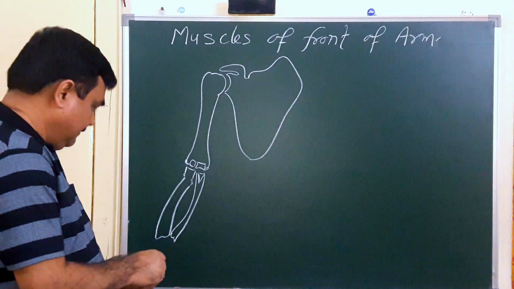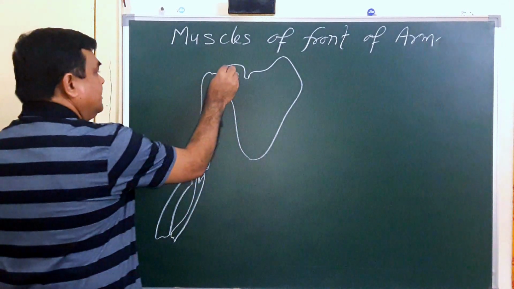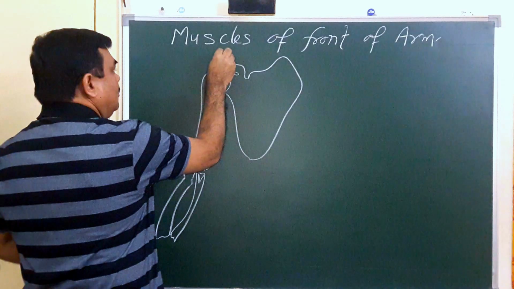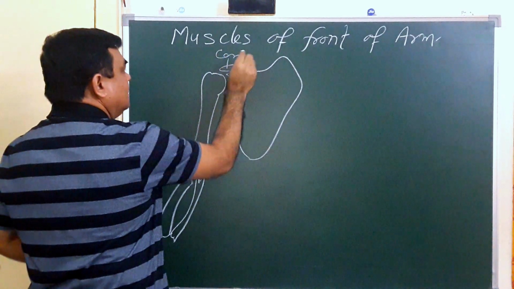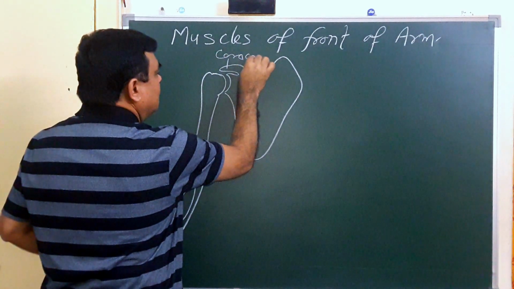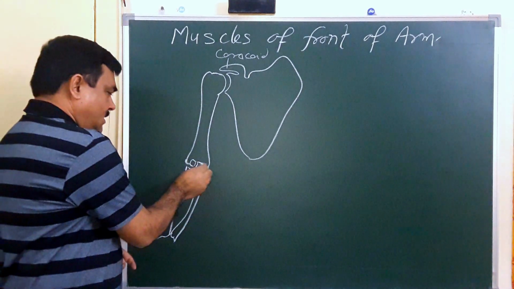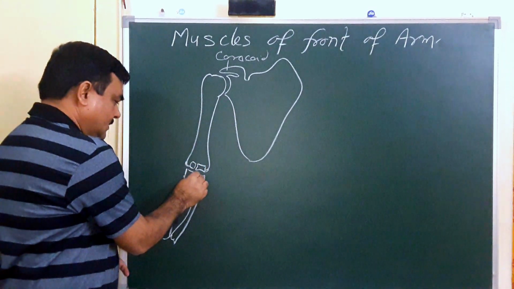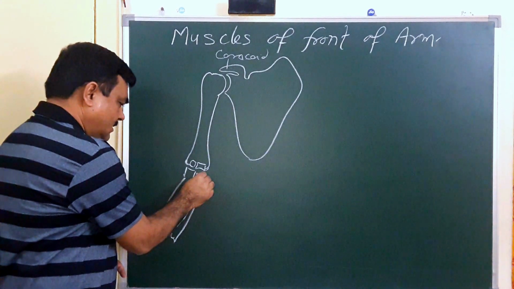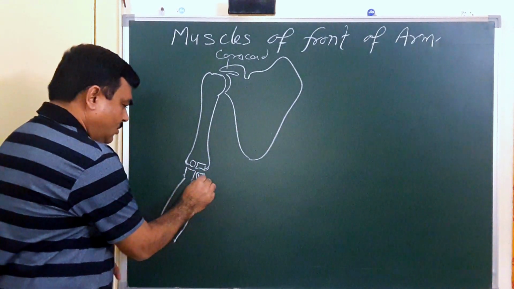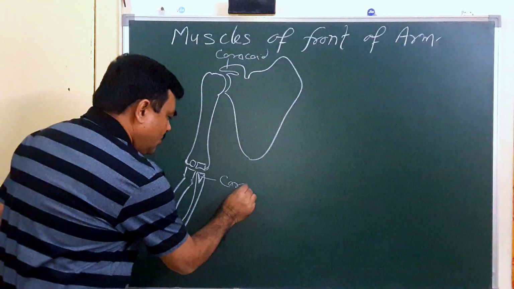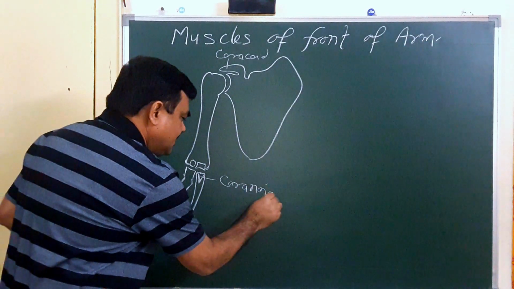In this diagram, this is the coracoid process. Here is the coronoid process.